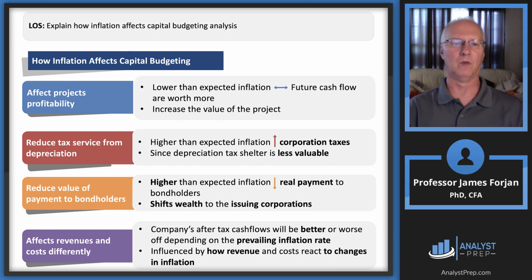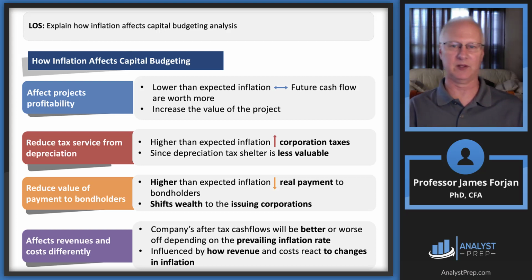All right, so let's go ahead and go through these boxes on the left. Inflation can affect a project's profitability. Of course, lower than expected inflation is going to lead to future cash flows that are worth more. So lower inflation will probably increase the present value of the project. However, we need to consider what happens with depreciation.